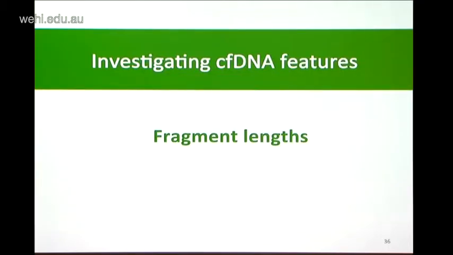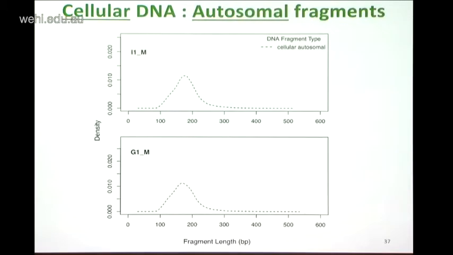So the first feature we looked at was the fragment lengths. Here you have the fragment lengths on the x-axis and the density, or a relative abundance criterion, on the y-axis. And then you have the two samples, I1M and G1M. This is the profile of the autosomal fragment lengths for cellular DNA. You get one peak in a fairly narrow range between 100 and 250.